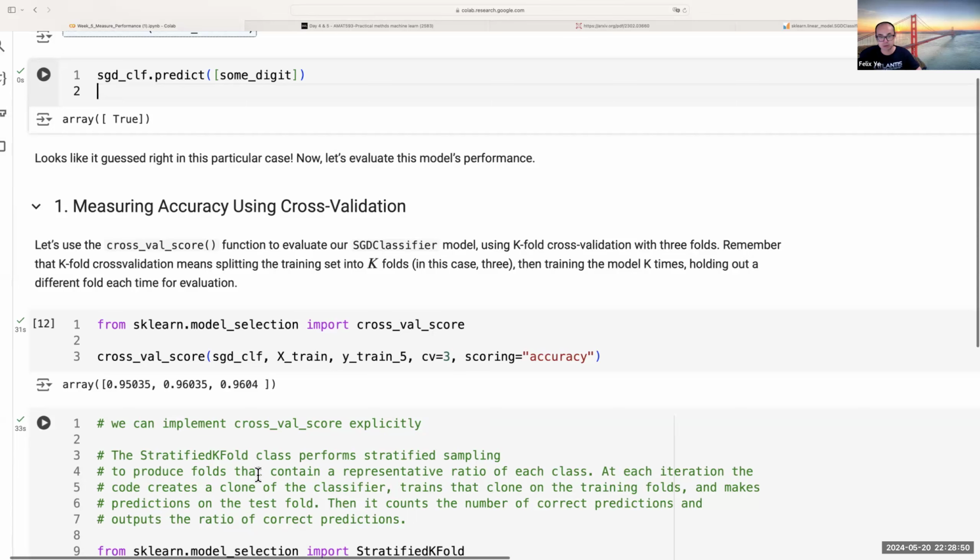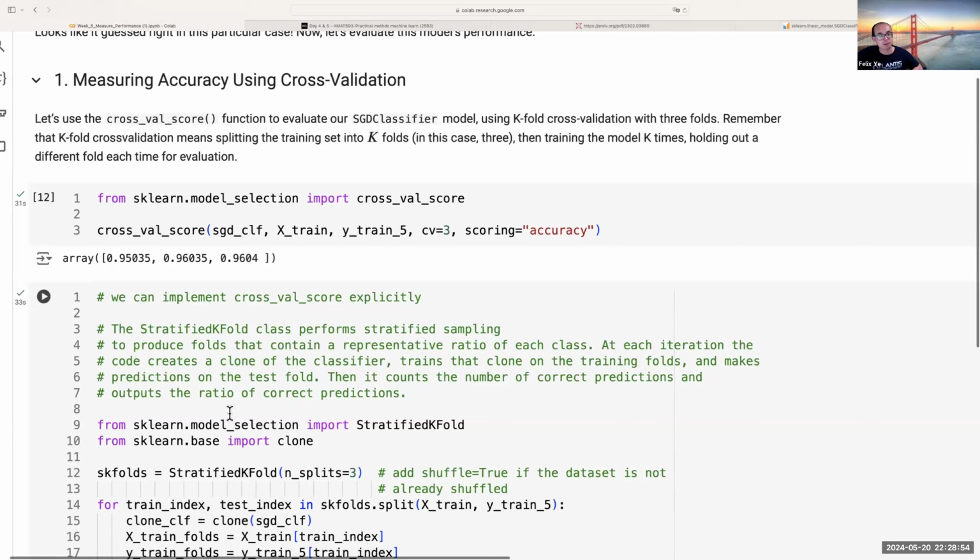It looks pretty straightforward as well. You can also implement this cross-validation explicitly by doing stratified sampling.